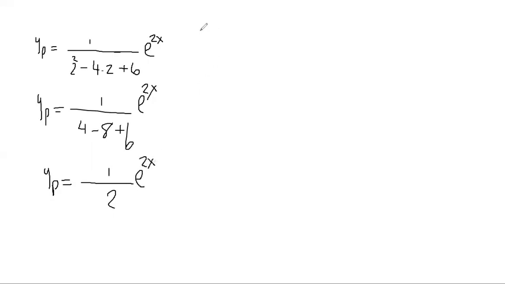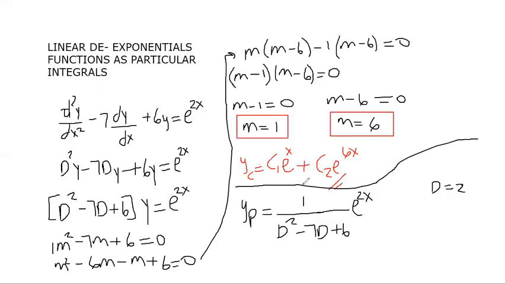And remember, in order to find the general solution, it is y is equal to yc plus yp. So the final answer is y is equal to yc, which we had was c1 e to the x plus c2 e to the 6x.